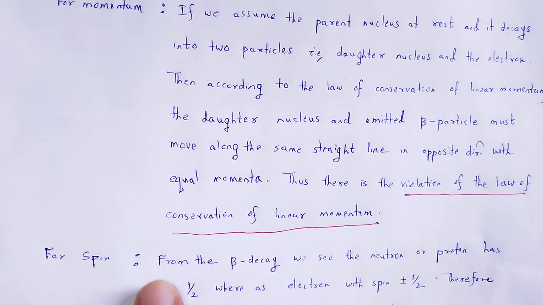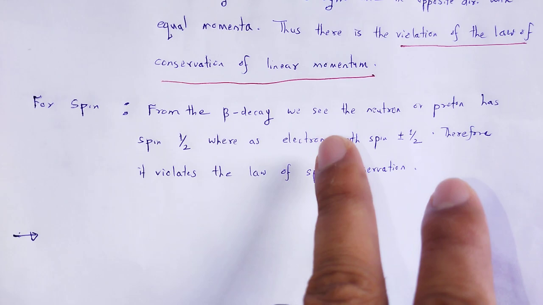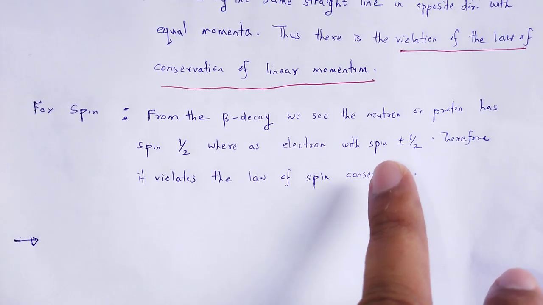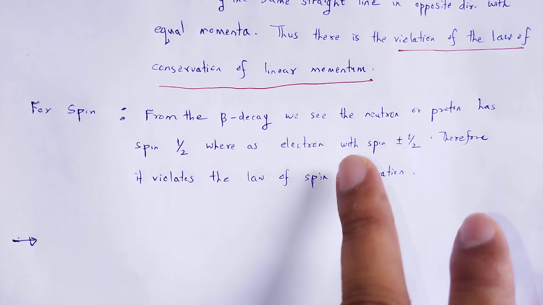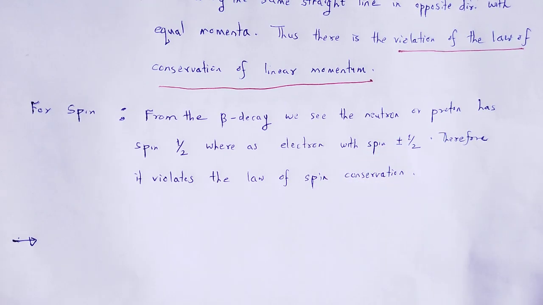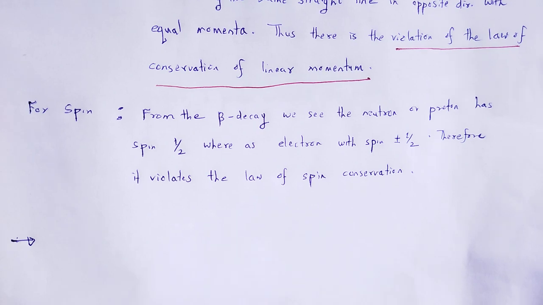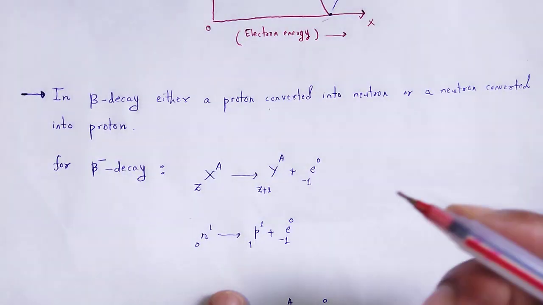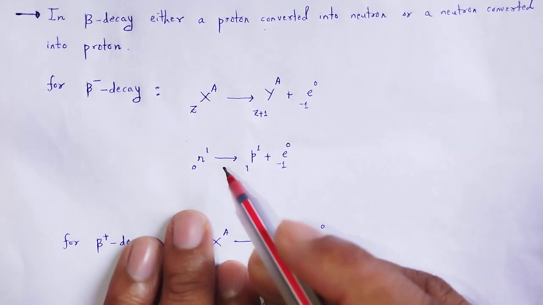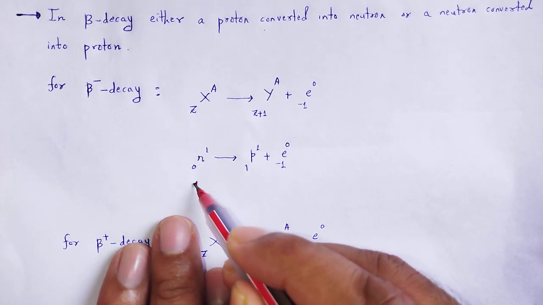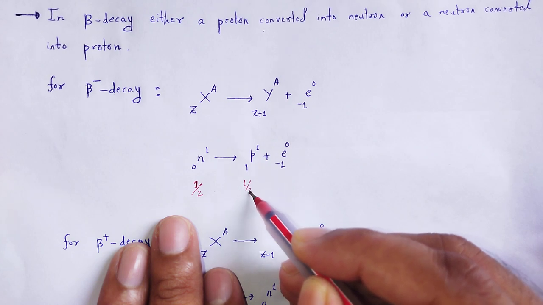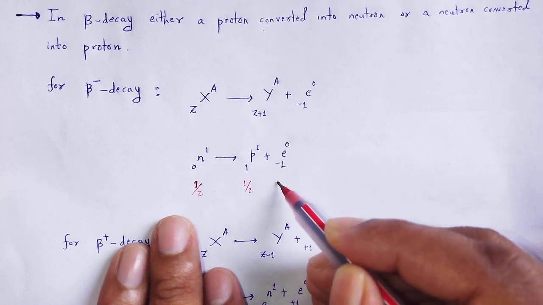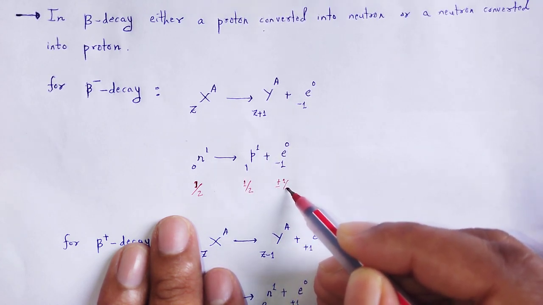Next, for spin, from the beta decay we see that the neutron or proton has spin half, whereas the electron has spin plus or minus half. Therefore, it violates the law of spin conservation. Look here, neutron has spin half, proton again spin half, electron either plus or minus half.